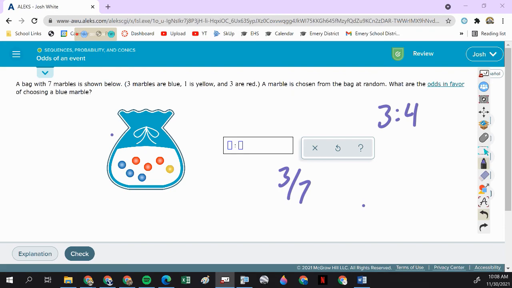So if you're hoping to draw a blue, what are the odds of losing? 4 to 3. Okay? Now, having said that, I want to show you guys something that I think you'll like.